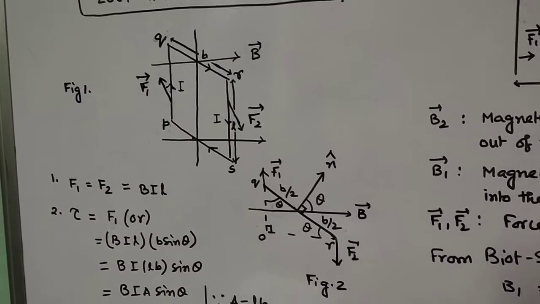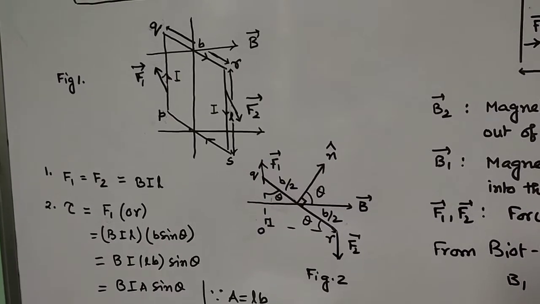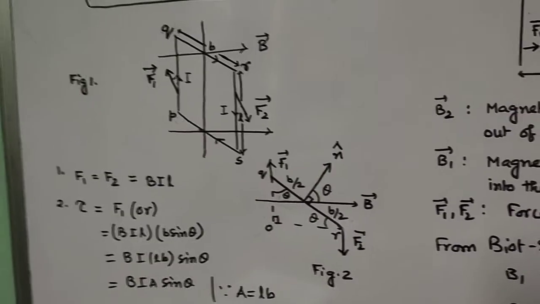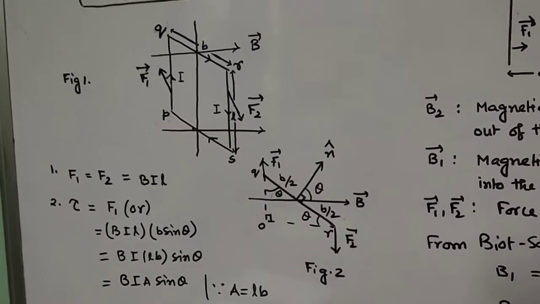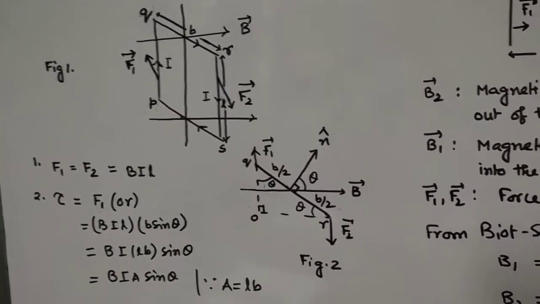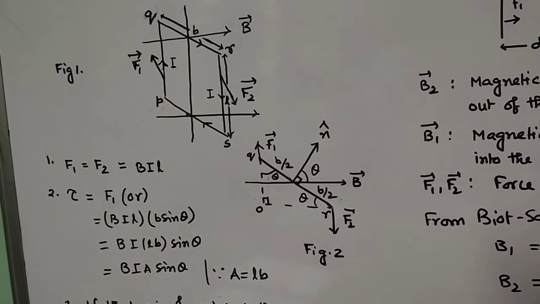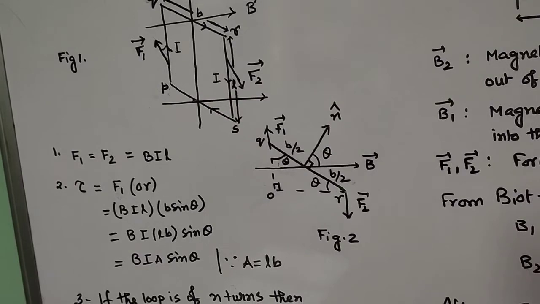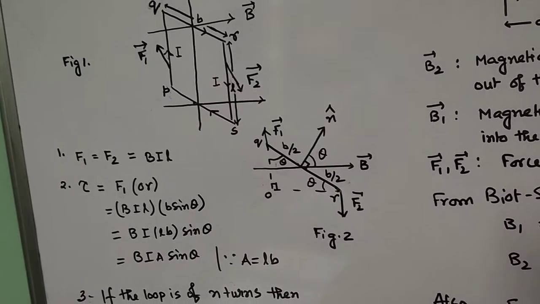Now torque is nothing but force into the perpendicular distance between the lines of action of the two forces, magnitude of either force, that is F1 or F2. The perpendicular distance between the two forces is OR.